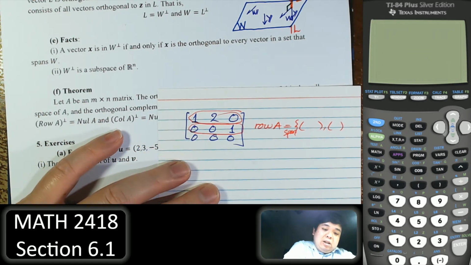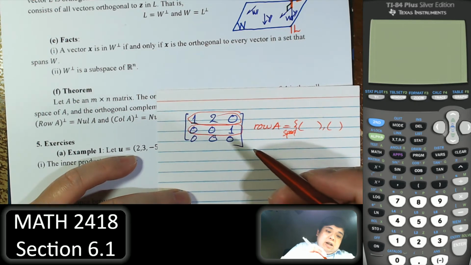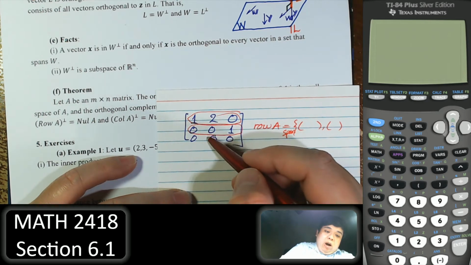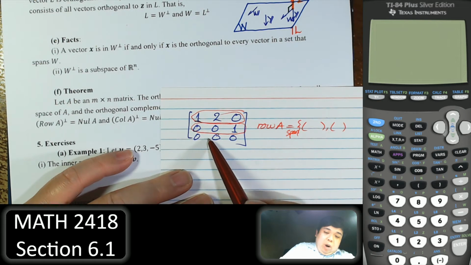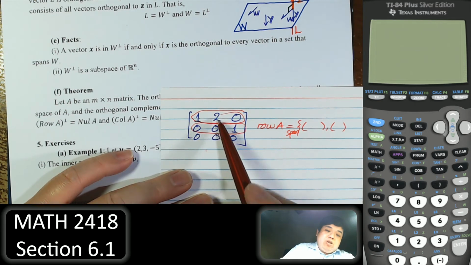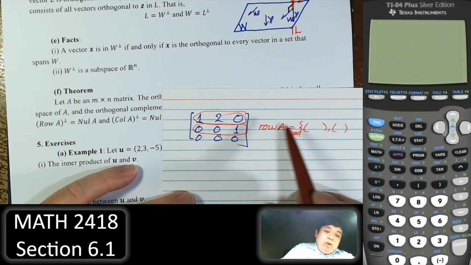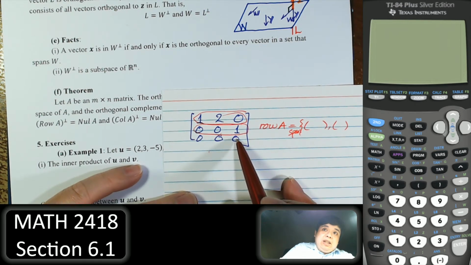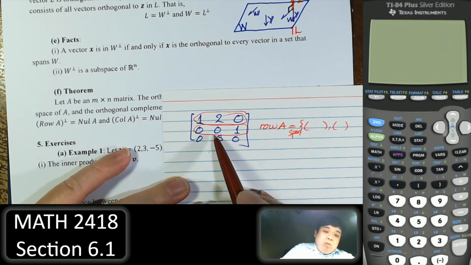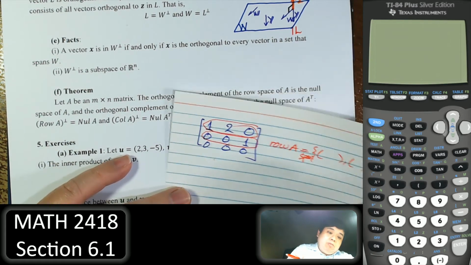And then the complement, when we solve for the null space, as you see, there will be one free variable. So it is a one-dimensional object as opposed to a two-dimensional object for the row space of A. So the row space has dimension 2, and the null space has dimension 1 because there is one free variable. Of course, we can verify that they are orthogonal to each other too.